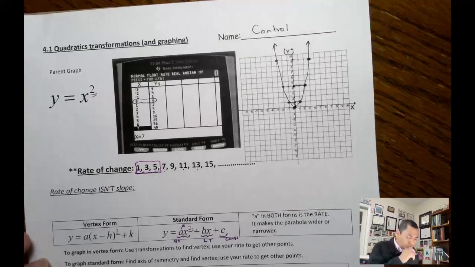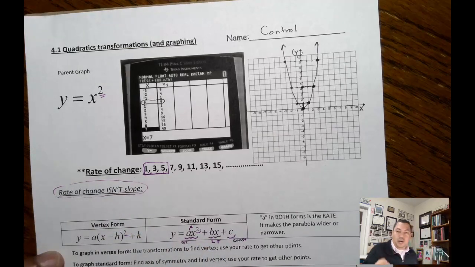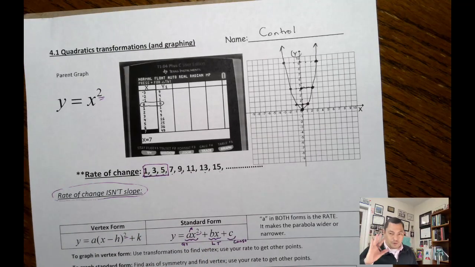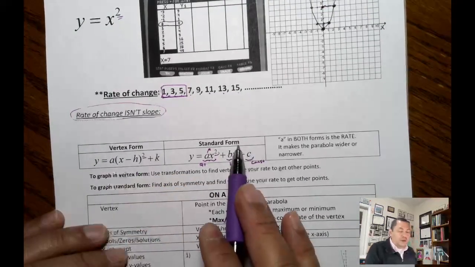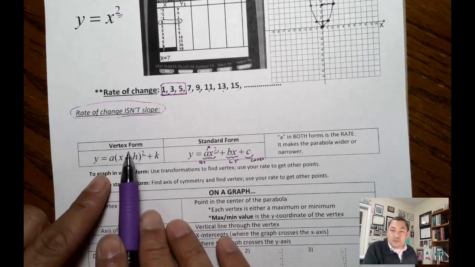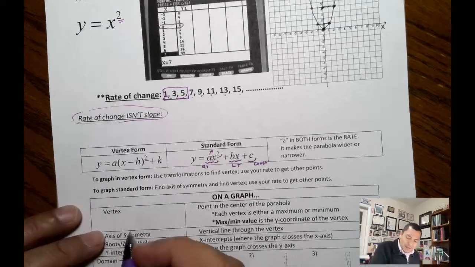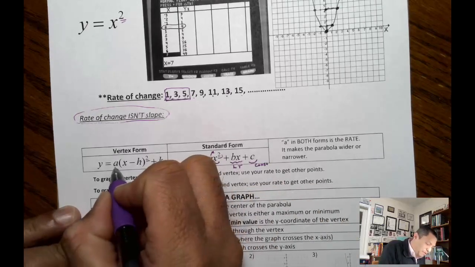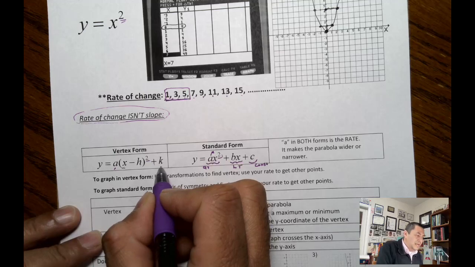Okay, now we need to understand that the rate of change is not a slope. We're going to explain what the slope is, but it's not a slope. Next, we have a vertex form and we have a standard form. At the beginning of this class, we are going to use the vertex form. In the vertex form, we have the value of a, x minus h to the second power plus k.